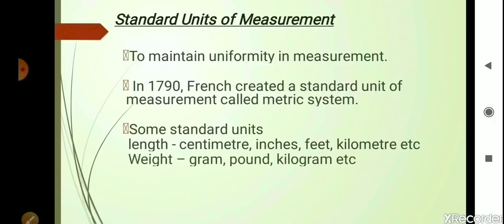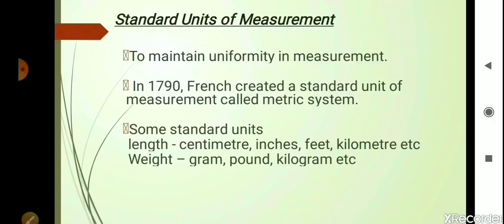Since these are standard units of measurement, their value is not going to change. These units have a fixed value which will not change with the change in place or with the change in the people who are using it.